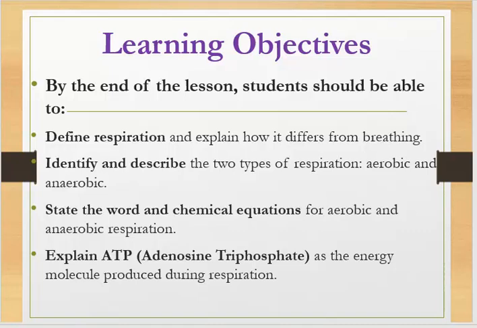State the word and the chemical equation for aerobic and anaerobic respiration. Explain ATP. ATP simply means adenosine triphosphate, the energy molecule produced during respiration.